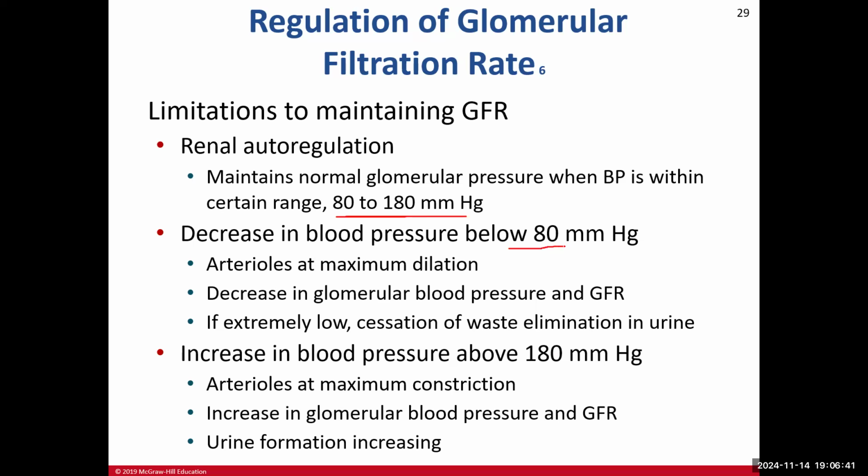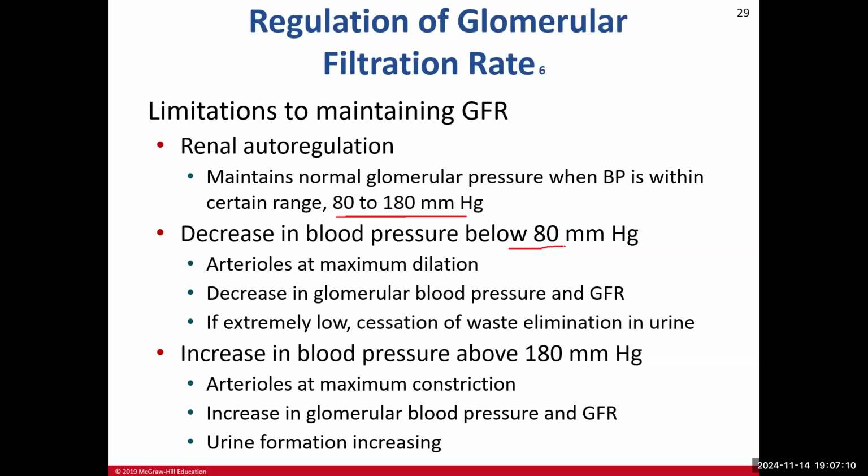Then what we're going to do is change our fluid volume. If our blood pressure falls so low, one of the factors that influences our blood pressure is blood volume. We know heart rate and all that, and we know total peripheral resistance plays a role, but we're talking about the kidneys here. So our kidneys can affect blood volume. So we're going to talk about only what they can control.